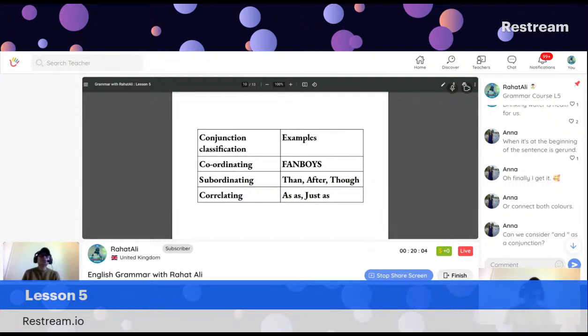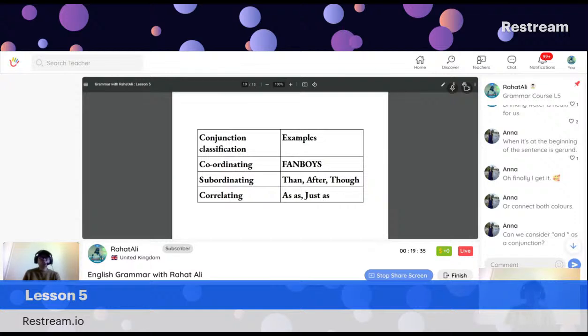And these are the acronyms of these conjunctions, which we use very often in our daily conversation as well as writing. All right. So once again, FANBOYS: for, and, nor, but, or, yet, and so.